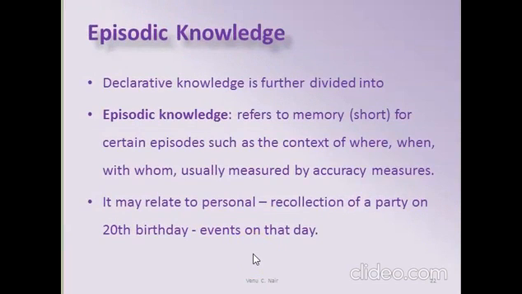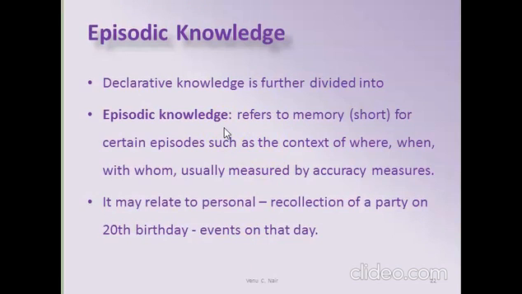And the declarative knowledge can be divided into 2. One is episodic knowledge. This refers to a very short period of time or memory, a short period of memory for certain episodes.